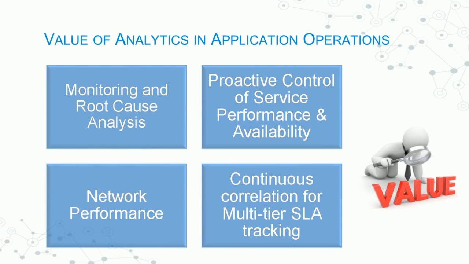So if we have features like log monitoring and root cause analysis, proactive control of service performance and availability, network performance monitoring, and continuous correlation for multi-tier tracking, then there are ways that we can see value in that.